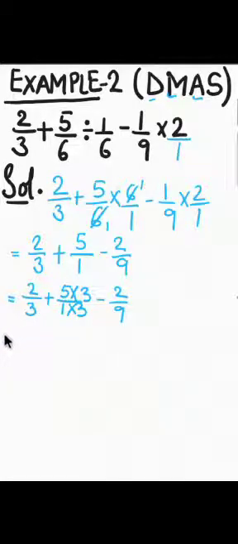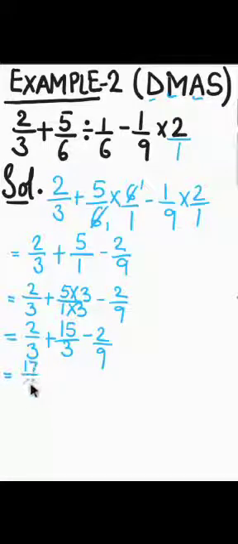Now 2 by 3 as it is plus 5 3s are 15, and 1 into 3 is 3 again, minus 2 by 9. Now you can see that the fractions are like. So when the fractions are like, you can add the numerators. So 2 plus 15 becomes 17 by 3 minus 2 by 9.